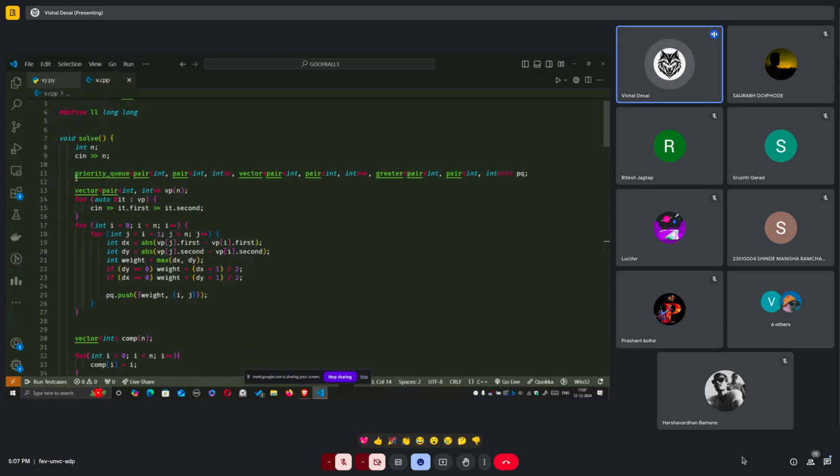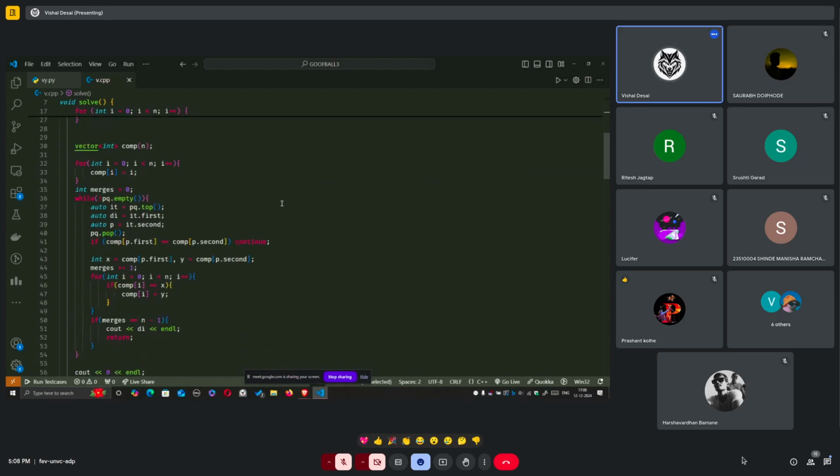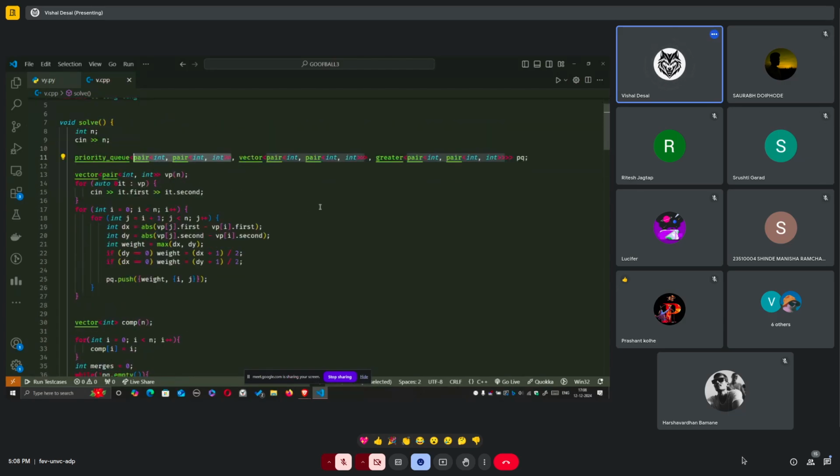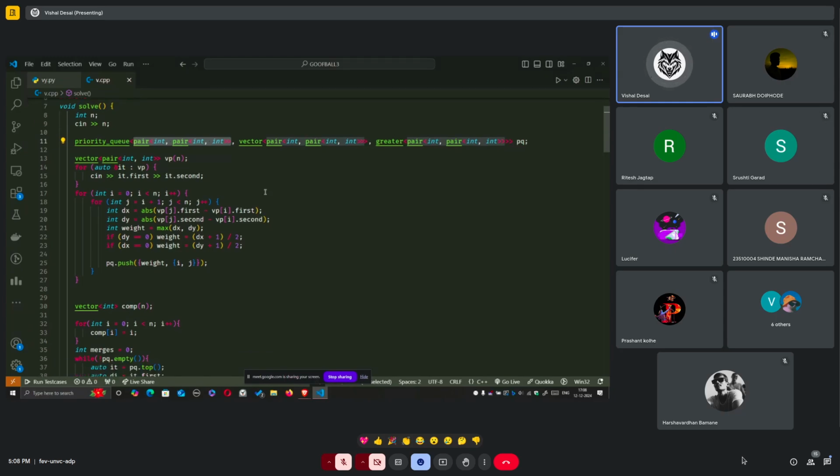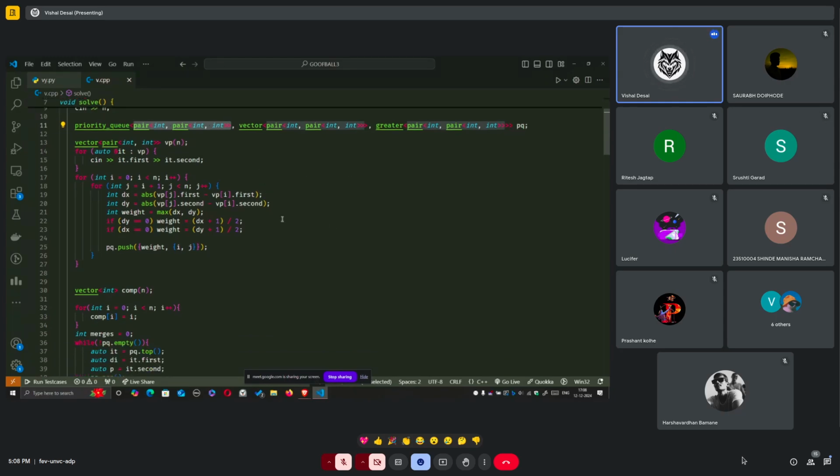Okay, how many of you know what a priority queue is? Everyone knows, right? So this is a priority queue of pair of int comma int, and this is actually a min heap. Min heap is basically the smallest first. By default, priority queues are max heaps.